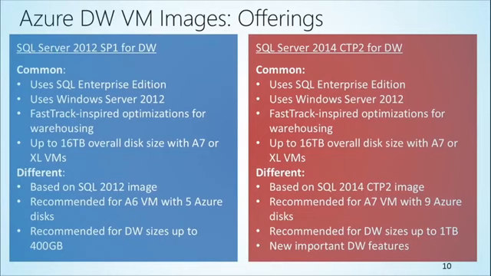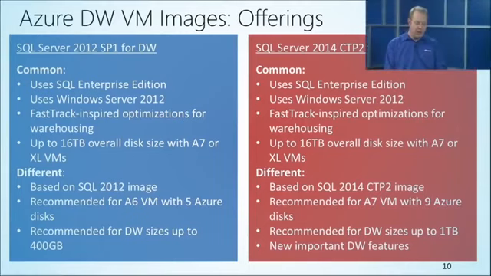So the SQL Server 2012 VM is obviously based on the SQL 2012 image, and we are recommending that for a VM size A6 with 5 Azure disks. That's the configuration where we have gotten the best performance with the Fast Track optimizations and the Fast Track workload. So that's what we have been optimizing for SQL Server 2012.